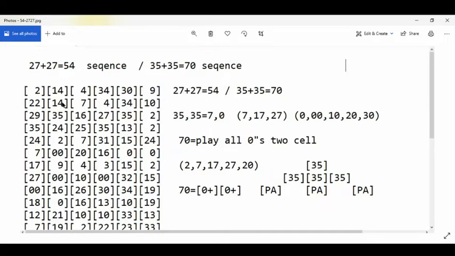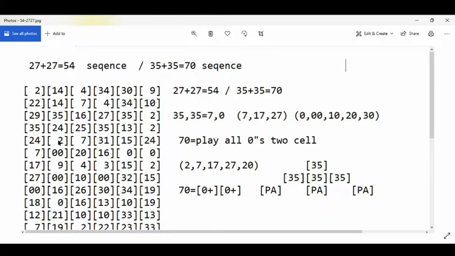As we see the cell, we're in this position right here, so the payload is going to be right here. We know there's going to be a 27 of some sort, so we're going to be playing out all 7s: 7, 17, and 27. But what happens if the 2 plays out like it did here?